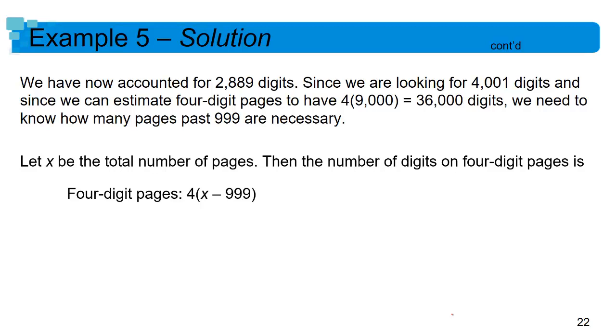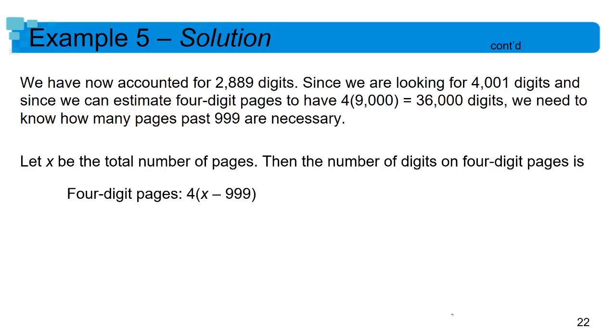So let's say it went up to page 2,000. You would do 2,000 minus 999, and that would tell you how many 4-digit pages you have. Because pages 1 through 2,000 is 2,000 total pages, but the first 999 pages, we've already counted up how many digits those are, so we're looking for the remainder. So that's why the total number of 4-digit pages is the total number of pages minus 999.